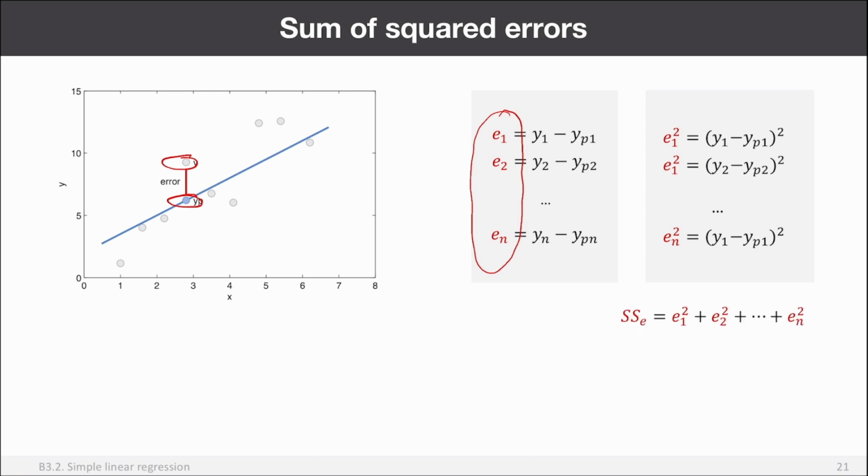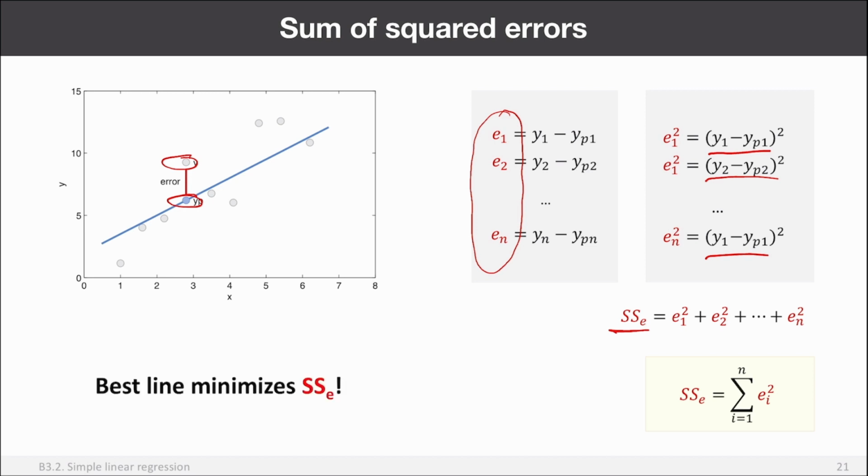We need to compute a sum of squared errors by squaring these distances and taking a sum of them. And that's just another notation for this, a short one. And then the idea is that the best line should minimize SSE, so it should make the sum of squared errors as small as possible. But do we have one single position of the line that indeed minimizes this?